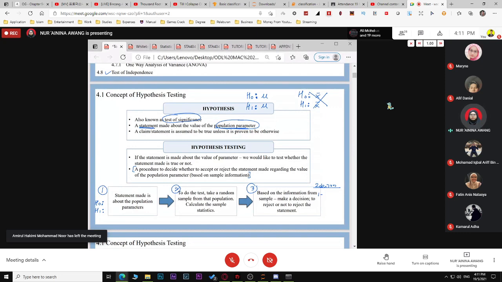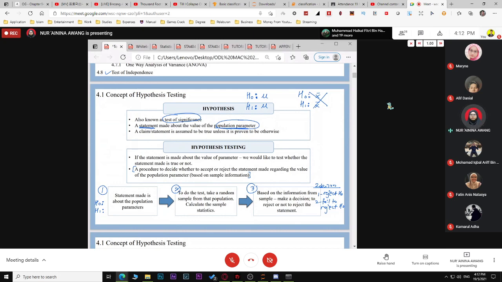Either we reject our H null or fail to reject our H null. So your decision only has these two. You do not suddenly write accept H1. Only reject H null or fail to reject H null, or do not reject H null. So this is roughly the steps for how to do hypothesis testing.